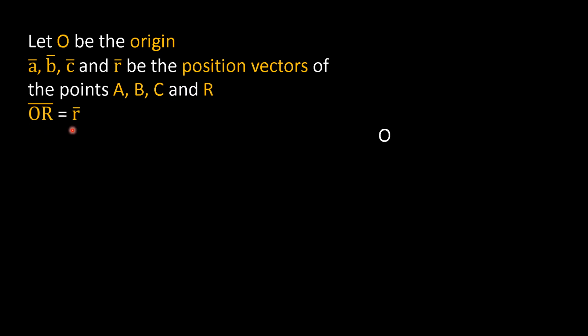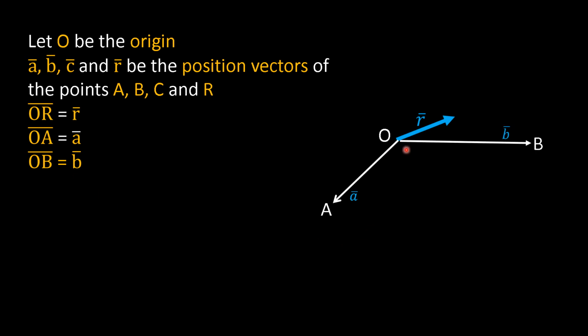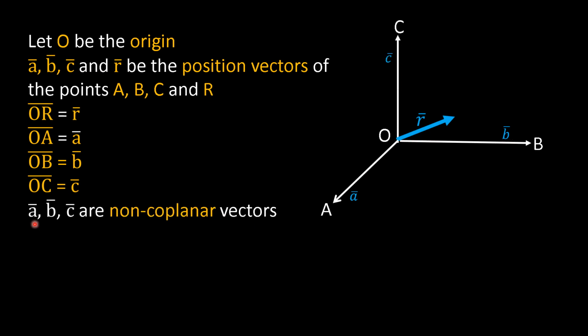OR equals R bar, OA equals A bar, OB equals B bar, OC equals C bar. Now A bar, B bar and C bar are non-coplanar vectors.